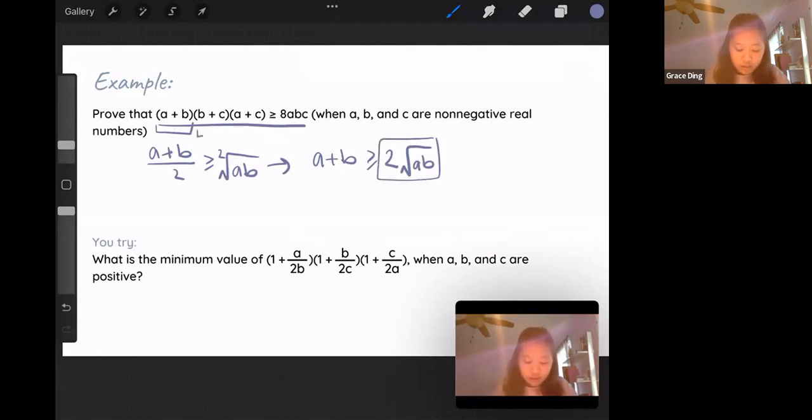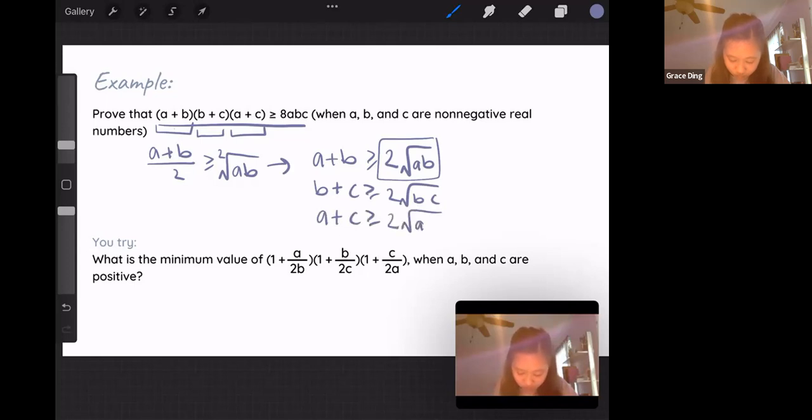So now we just do the same thing for both of these, and we should get these 3 equations. Okay. So now we have our basically original 3 terms, and they're always more than or equal to these new terms.